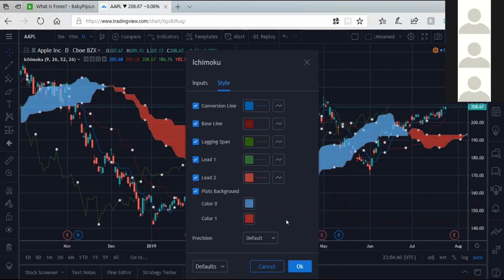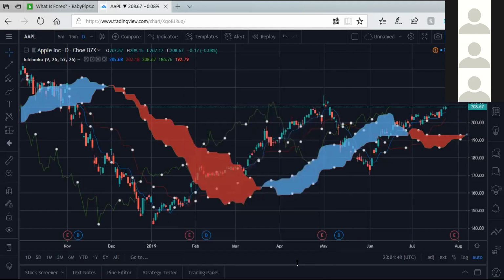You click OK. Yep, and click OK. And you can do this off the daily time frame as well, but you can also go to where the D is next to the 5 and 15 minute and click hour.